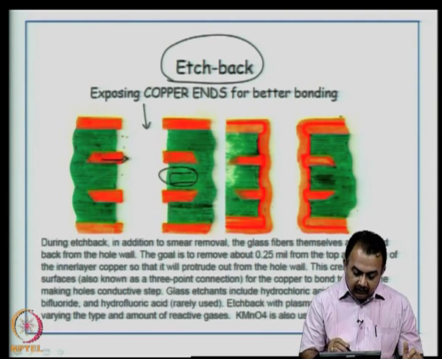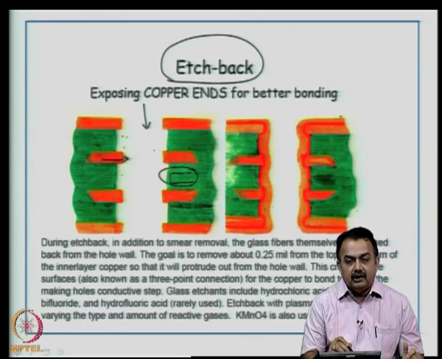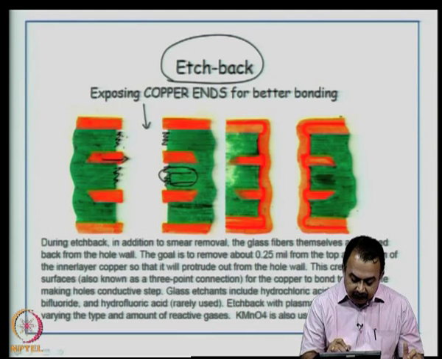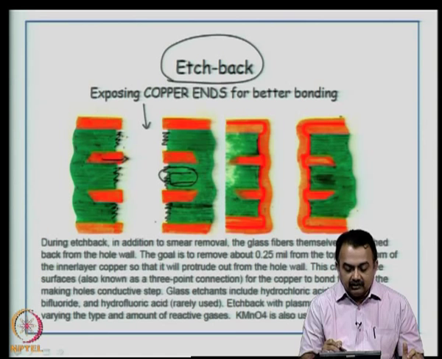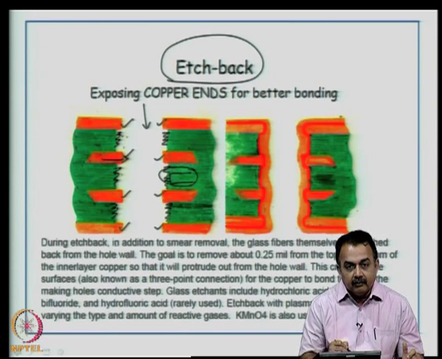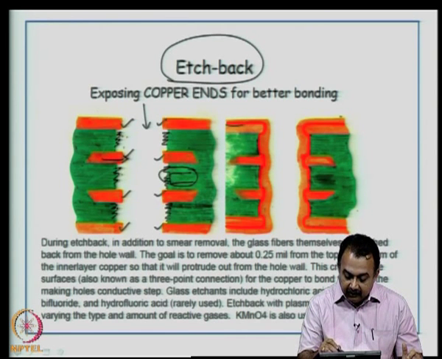How do you do that? You do epoxy desmearing, which means you remove these kind of epoxy smear materials or even the base, the pre-preg material. You remove to an extent that you see the protruding areas of all the inner layers of the copper, including the top. Now, you do an electroless plating as is shown here in a dark red, then you follow it by electroplating.